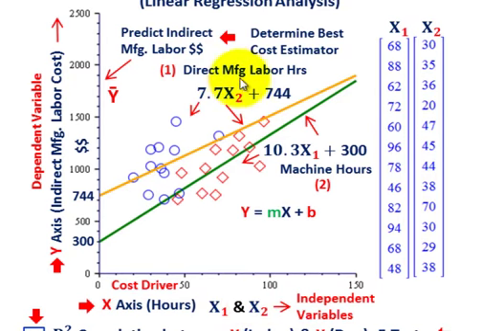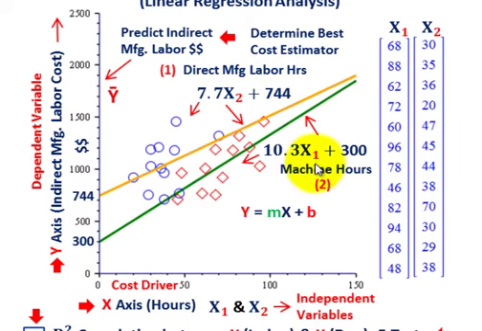Okay, so back to our direct manufacturing labor hours. Simple linear regression gives that gold line that I'm showing with that slope. The slope of that line, 7.7 times each direct manufacturing labor hour, X2, plus 744, that's the y-intercept, is going to equal the indirect manufacturing labor cost based on direct manufacturing labor hours.